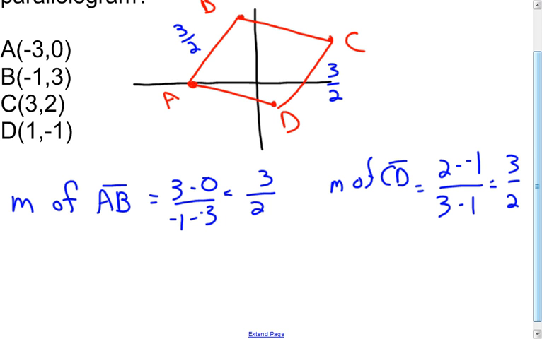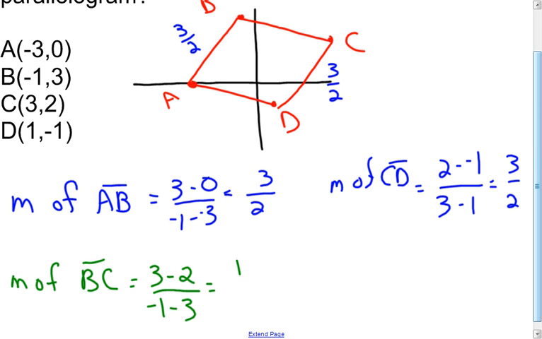So now I'm going to look at the slope of segment BC. Now I'm going to look at the coordinates there. So I'm going to have to do 3 minus 2, and then I'm going to have to do -1 minus 3. Subtract my y values, subtract my x values. Here I end up with 1 over -4.